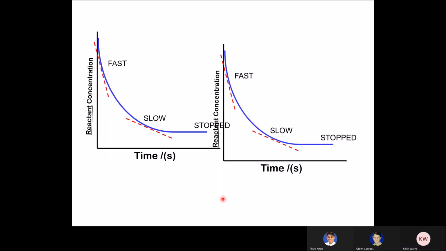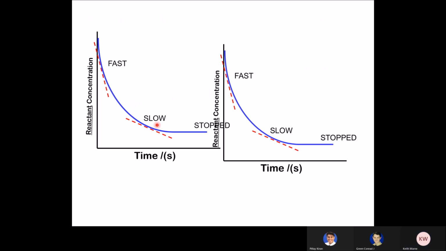Right. So when you get rate graphs, if you take a reactant concentration, obviously it's going to decrease, but it'll decrease fast initially, like we've just said, and then it'll decrease slower as the concentration drops, and then eventually, when all the reactants are used up, the reaction rate graph will be a horizontal straight line because the reaction will have stopped.